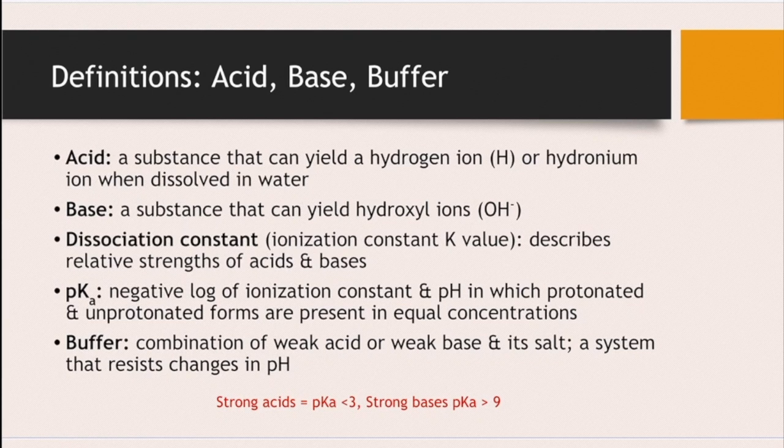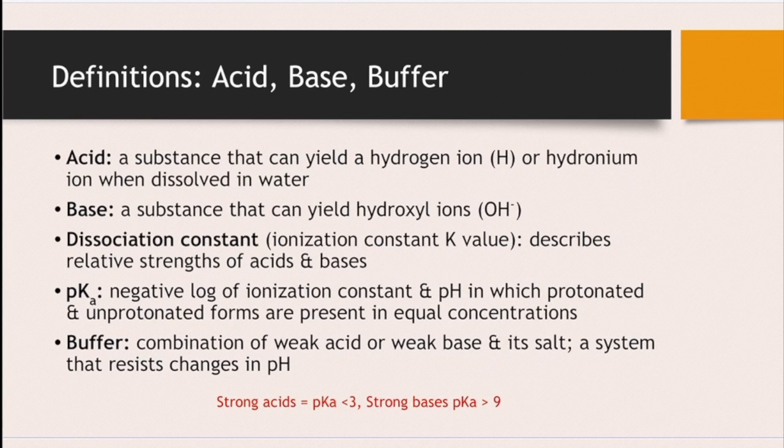An acid is a substance that yields a hydrogen ion or hydronium ion when dissolved in water, whereas a base is a substance that can yield hydroxyl ions, denoted with OH negative. The dissociation constant or ionization constant, or K value, describes relative strengths of acids and bases. And the pKa is a formula that is calculated from that dissociation constant.